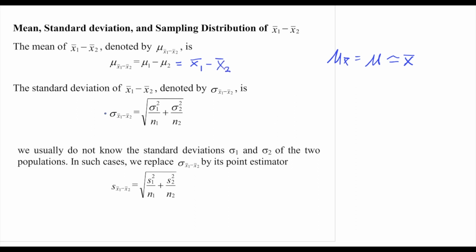The standard deviation of the difference between two sample means is given as this. Now, if you still remember, sigma x bar is equal to sigma over square root of n. If the value of sigma is unknown, we could estimate using the value of the sample standard deviation.